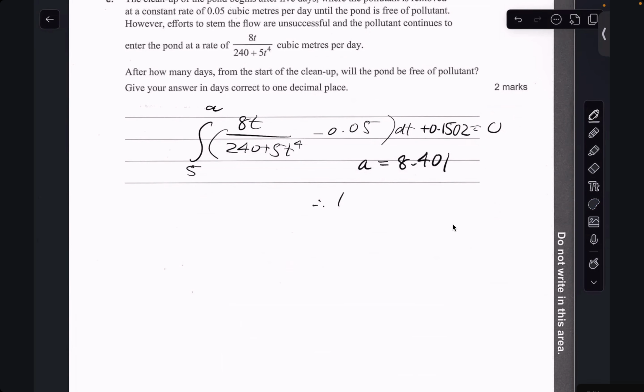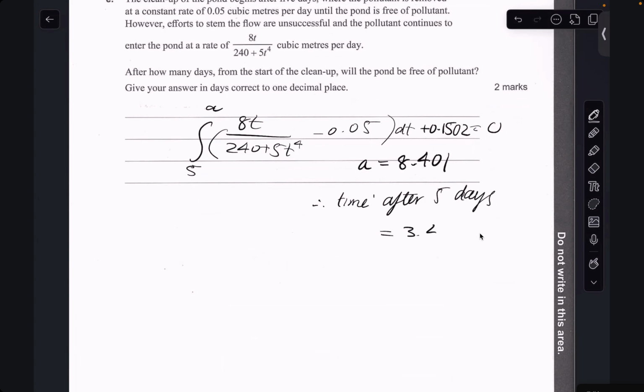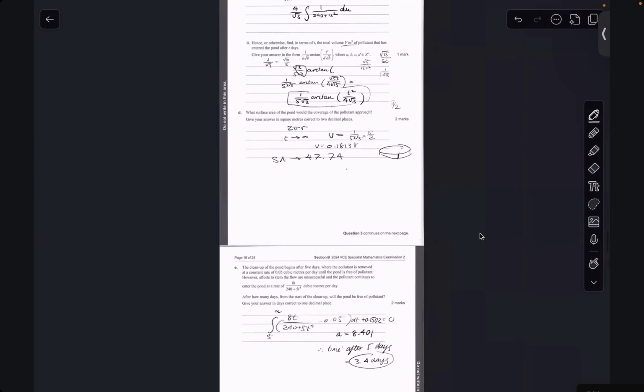Therefore, time after 5 days is equal to 3.401. To 1 decimal place, 3.4. Oh, man, I think I messed up this question.